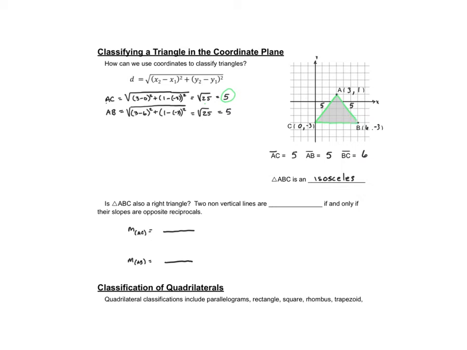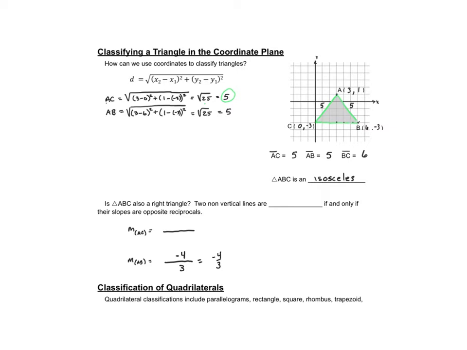In order to go from this point to this point, I go down 1, 2, 3, 4. So I have down 4, minus 4, and then I'm going to go right 1, 2, 3, which is a positive 3. So my slope is negative 4 over 3.